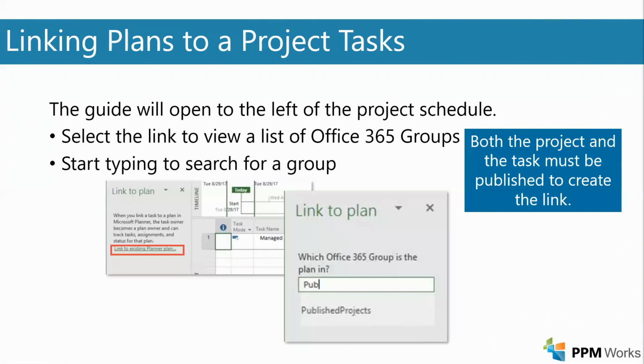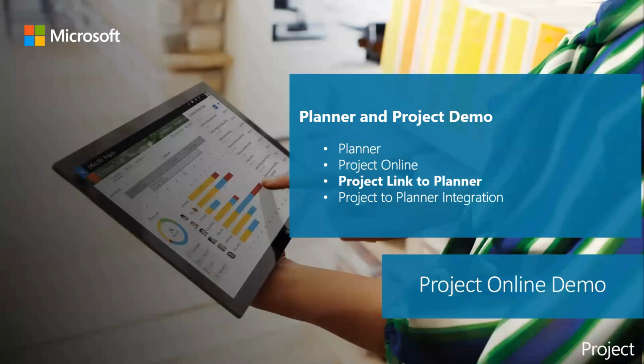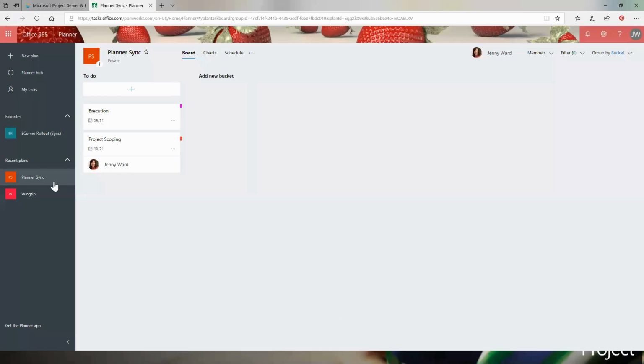That's all it is. So I went out of order. I was excited, so I did the demo first, but we've gone through the link from project to planner. That's where it would link right here to both the planner sync plan and to the Wingtip plan in Planner.